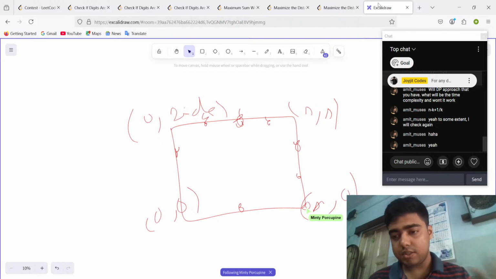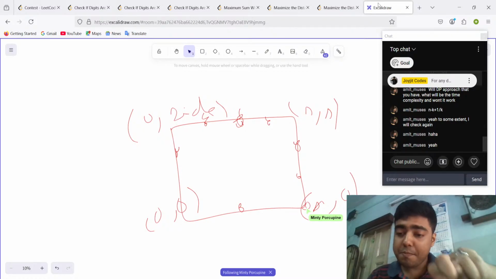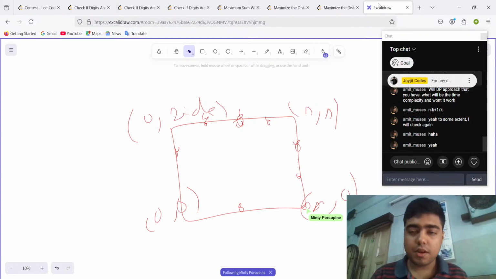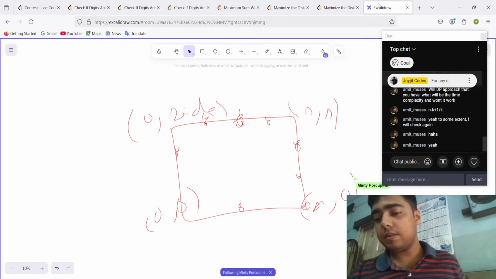So you're given some points. You have to take k points among them, find the minimum distance between them, and maximize this minimum distance among the k points. Not clear? I'll explain what I mean by that.